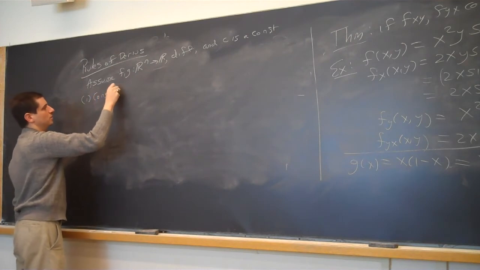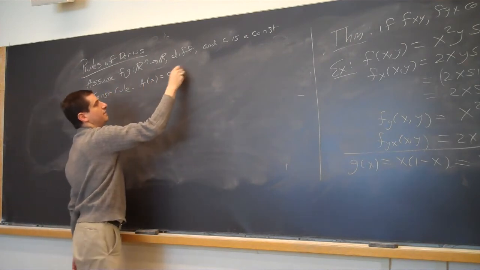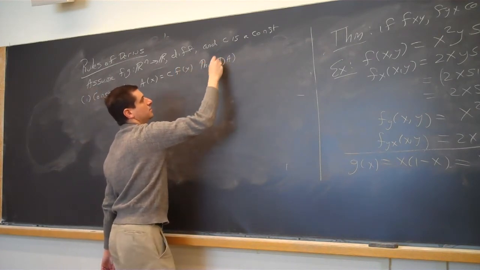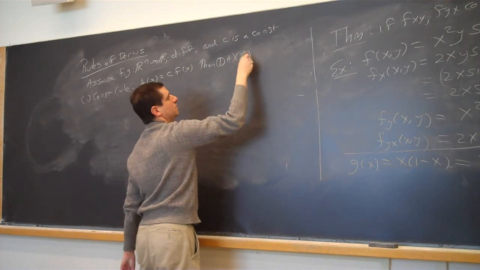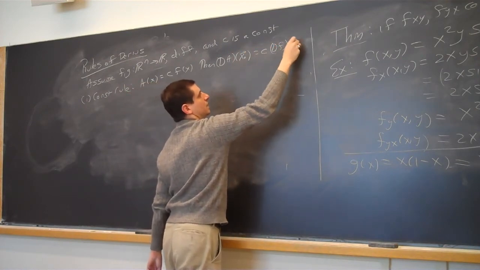So constant rule. If a of x is c f of x, then dA at x naught is c times the derivative of f at x naught.